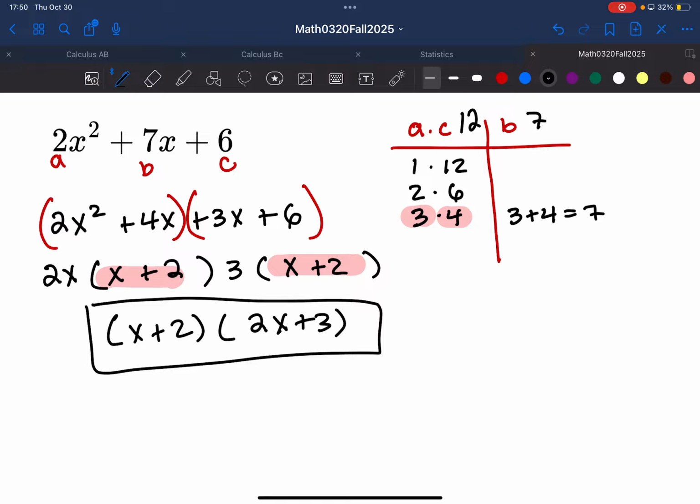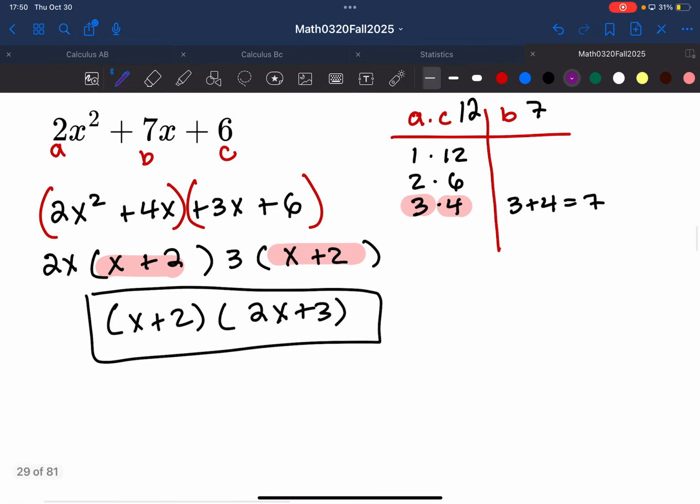What's nice about this method, the factor by grouping, is that this method will work every time. So if you want to use this method on the notes we did yesterday, and you're just using 1 for A, you could still go through this whole process: split up the middle term and then do the factor by grouping. If you switch 4x and 3x, let's show that.